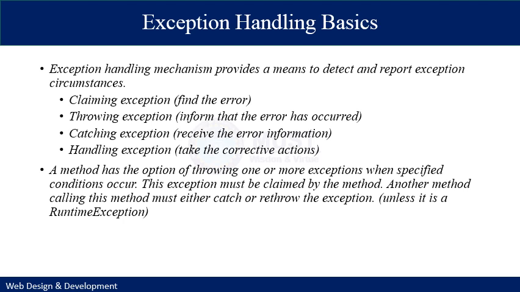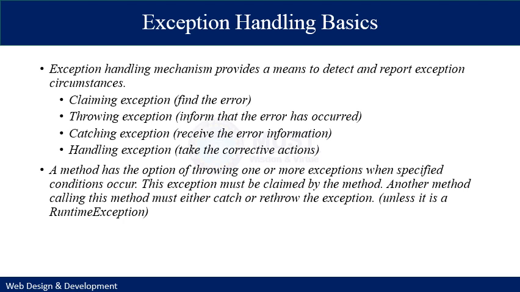The third step is catching that exception. It means you have some mechanism to catch a number of exceptions and receive what kind of error has occurred. And finally, you have to manage that error or handle that exception, taking corrective action so that your program may terminate or provide some error messages in a suitable way.